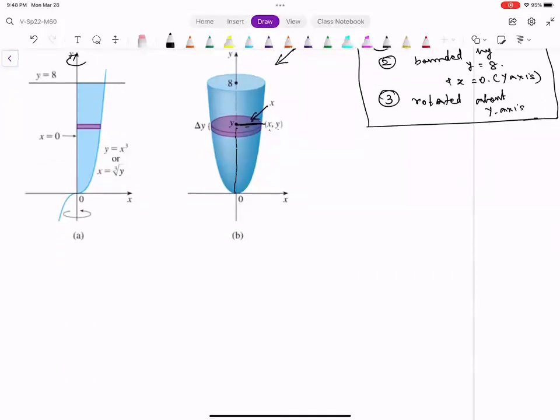So let's consider what we are going to do between 0 and 8, because the whole thing is to be done between 0 and 8. From 0 through 8, we divide into a number of partitions, subintervals, and consider a cross section on the ith subinterval. You are imagining this particular disk over here in the ith subinterval.